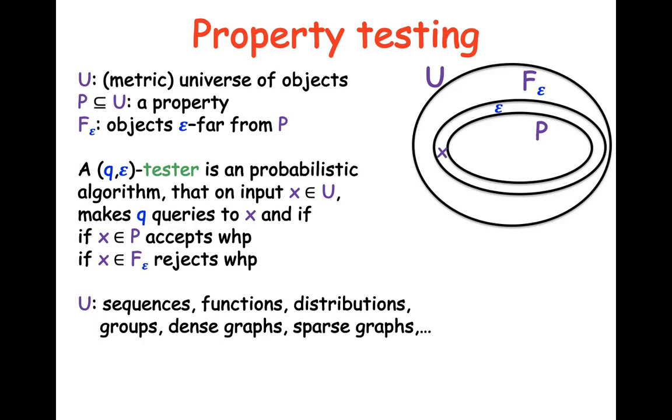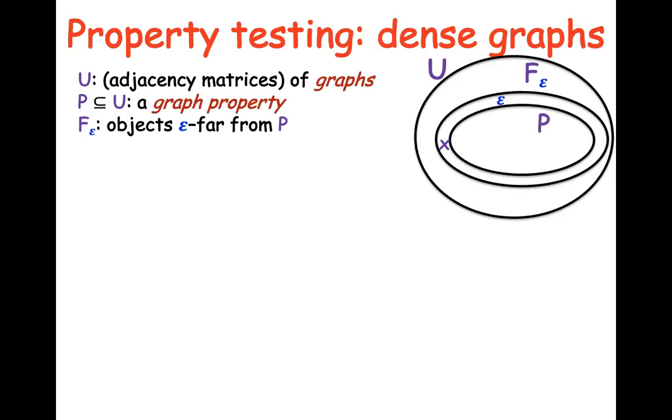This was studied on a variety of objects: sequences, functions, distributions, groups, dense graphs, sparse graphs, and for a variety of properties of these objects. We want to focus on dense graphs and on this question of the relative power of adaptivity versus non-adaptivity. So our universe is graphs.